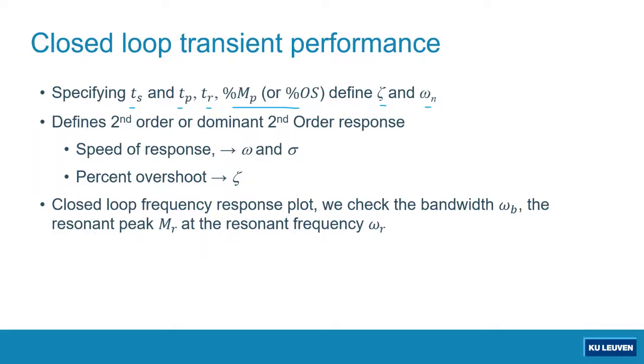If you still remember, we have also already discussed before that percent overshoot, percent OS, is only dependent on zeta. You can take a look again at that video when we discussed the typical unit step responses of an underdamped second order system.